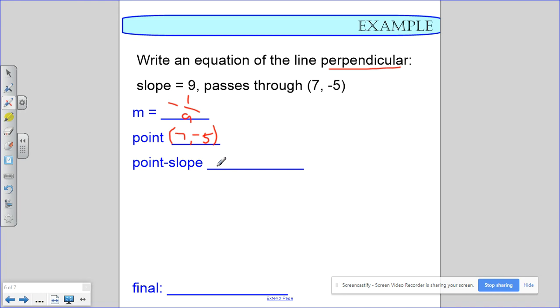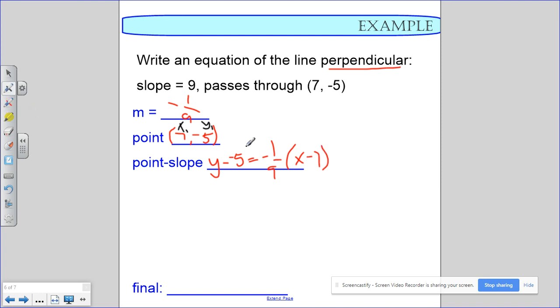Point-slope form is y minus our y1. This is our point, so this is y1, this is x1. So minus a -5 equals our slope of -1/9 times x minus 7.